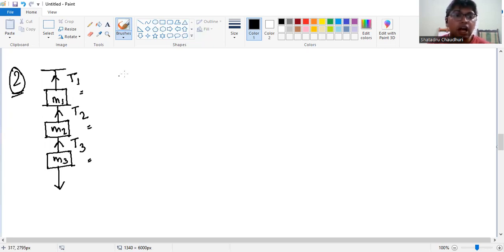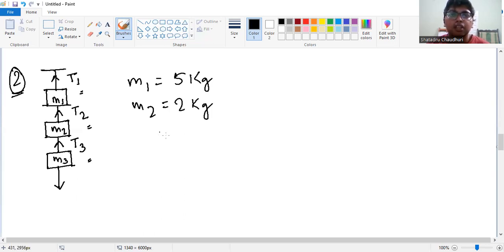If the masses are given something like that: M1 equals 5 kg, M2 equals 2 kg, and M3 equals 3 kg. These are the masses given. So I need to find out the values of T1, T2, T3.